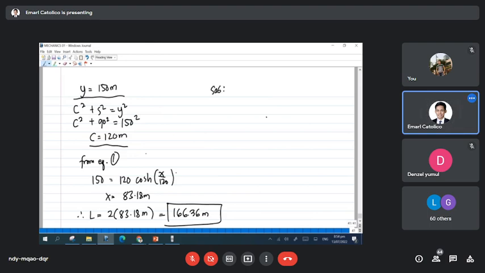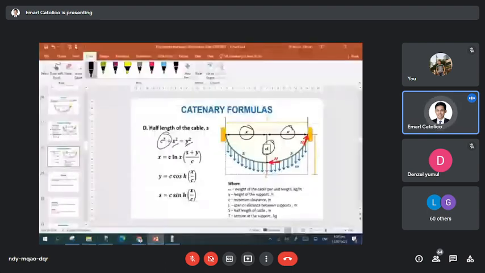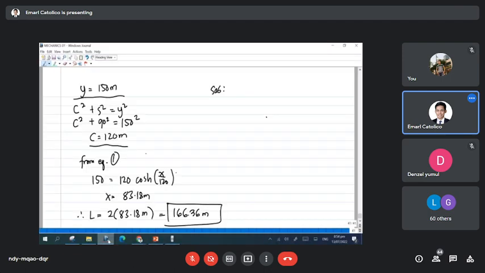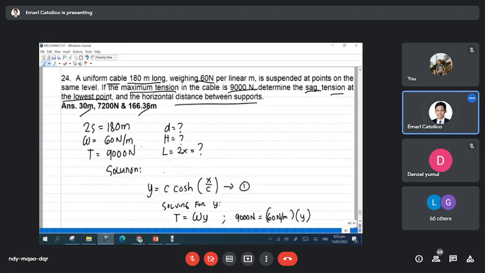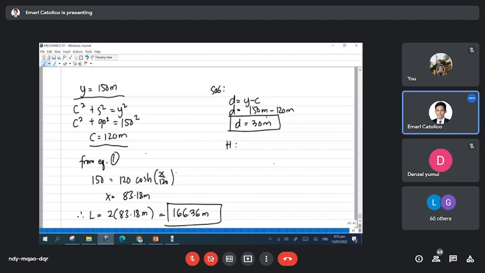Okay. So from illustration again, tingin tayo. Meron d is equals to y minus c. y natin is 150. c natin is 120. Therefore, sag natin is 30 meters. Okay. Then last is the tension at lowest point, H. Okay.